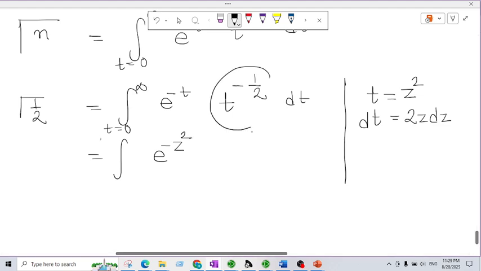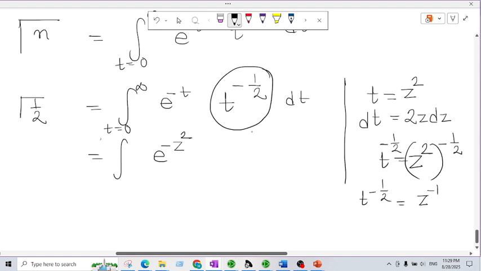As t is equal to z square, we can write t to the power minus half, which is simply z to the power minus 1, that means the 2 cancels out and we have 1 by z. So let's write 1 by z here, and then write the value of dt, 2z dz, and this z cancels out.